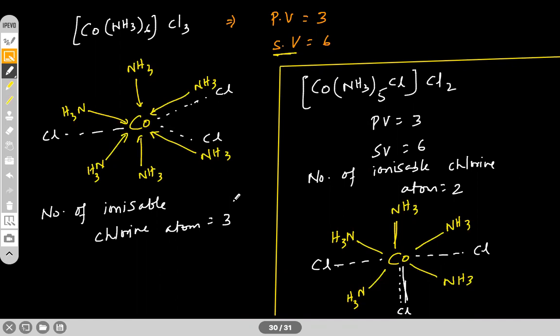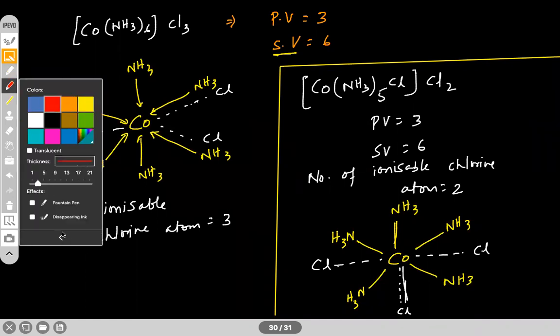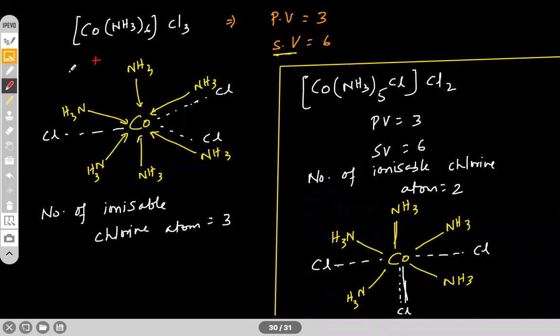They can also give you something like this, where it reacts with AgNO3. In which of these does the precipitate form, or where do we get the maximum precipitation? Here we get 3 moles of AgCl precipitate. Here we get only 2 AgCl, then only 1 AgCl. In the last one we have no precipitation.